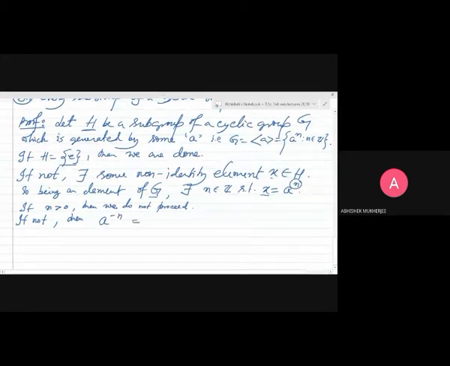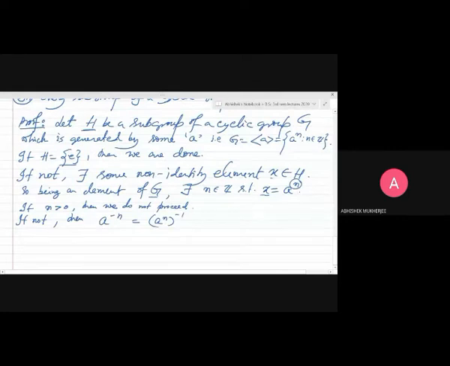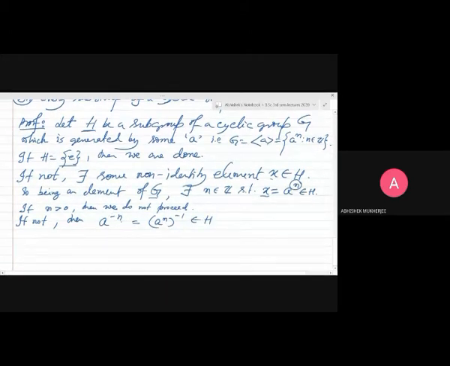I have already proved that it is the inverse of a to the power n, right? So a to the power n belongs to H, x is a to the power n, so this belongs to H. So its inverse is also in H, being a subgroup of G. So this is again in H. Now see that this minus n is greater than 0.